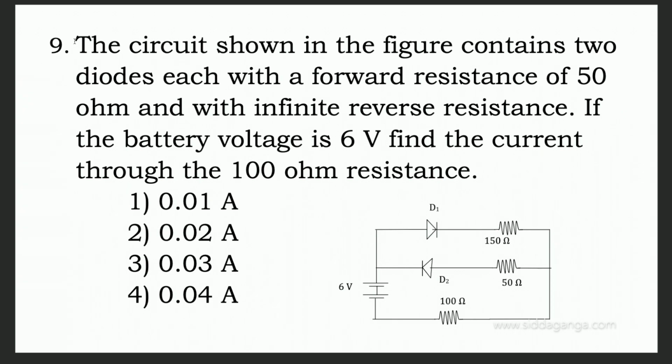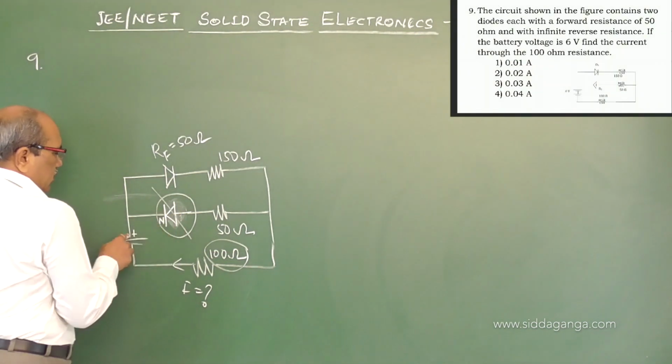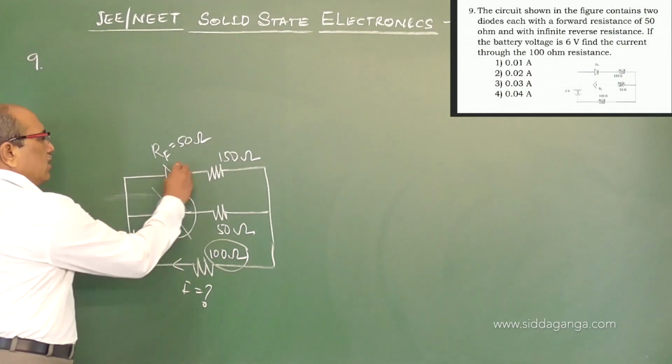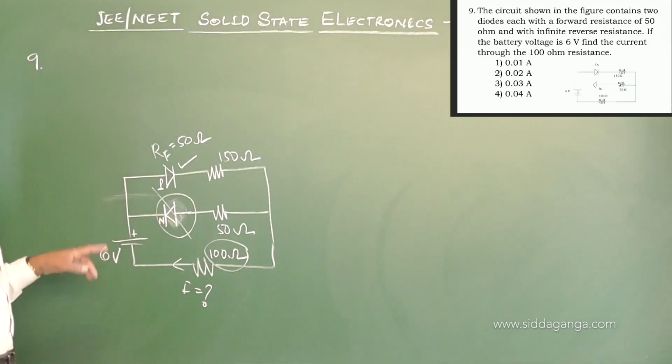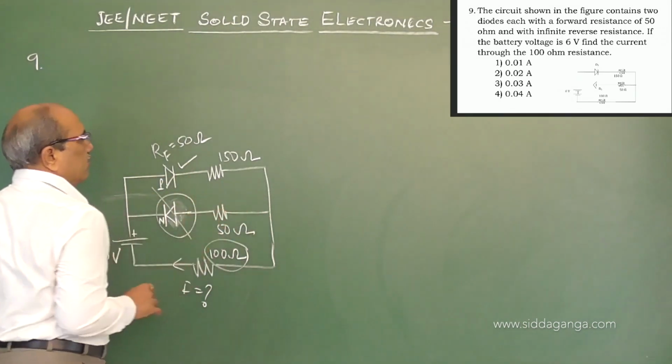This is in reverse bias. If you look, this is a plus connected to the negative terminal, so this is in reverse bias. This is forward bias, P to P. Therefore, this part is neglected.